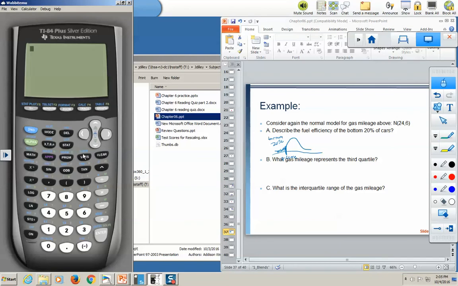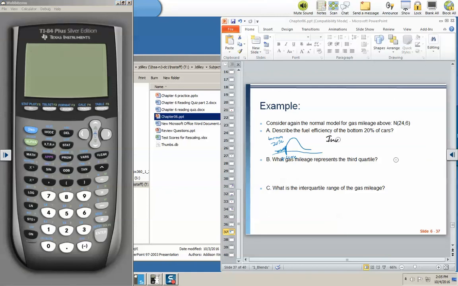There's a different command that we use for this one. The command that we use to figure this out is called inverse norm. The only thing that we need to put in as a command for inverse norm is the percentile. Now, some of your calculators are going to show a wizard that has the mean and the standard deviation in there as well.